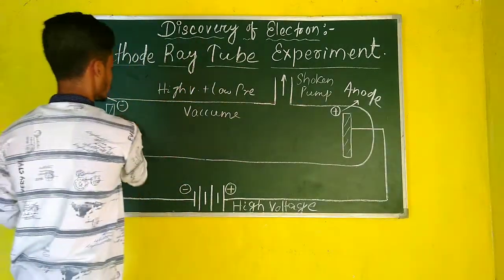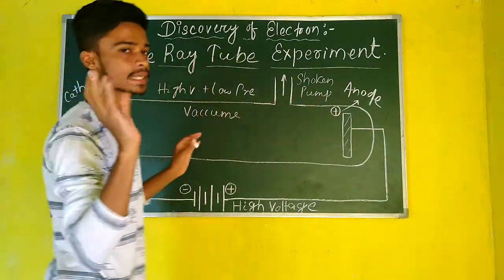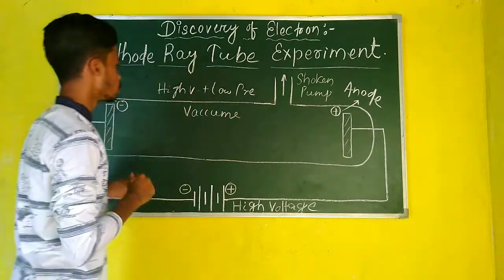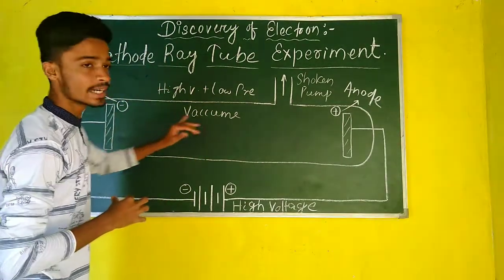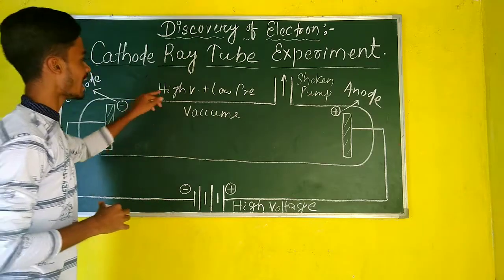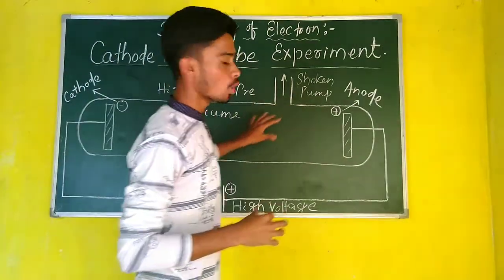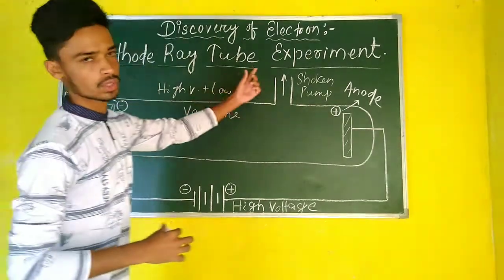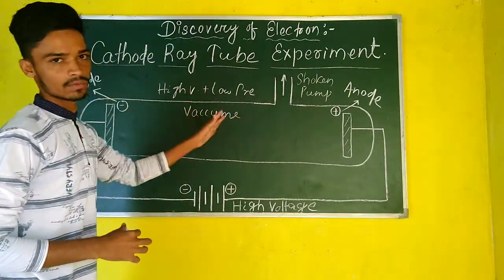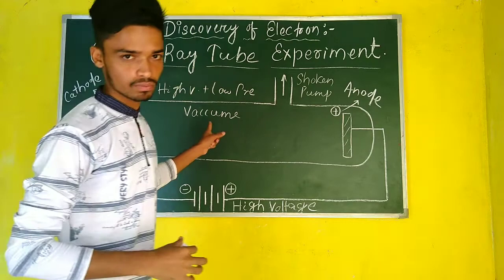In the cathode ray tube many gases are present. So to make the tube a vacuum, by using high voltage, low pressure and the pump, all gaseous molecules are removed from the cathode ray tube, and now this is a vacuum tube.